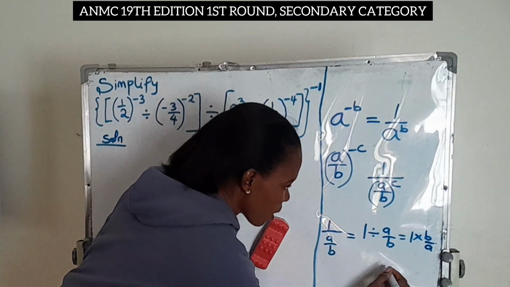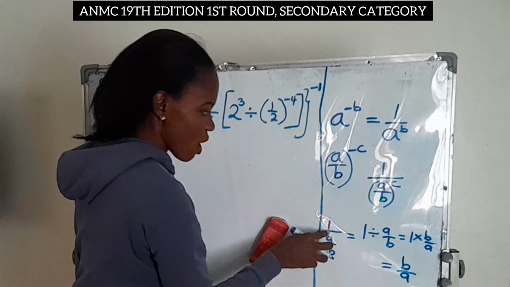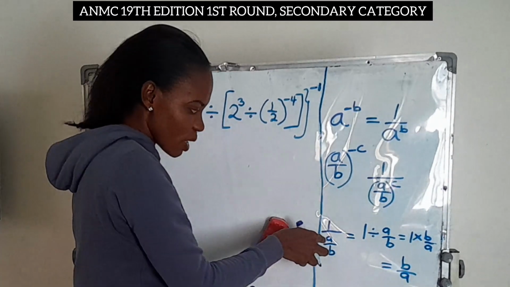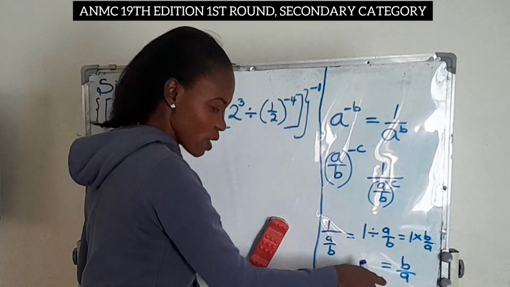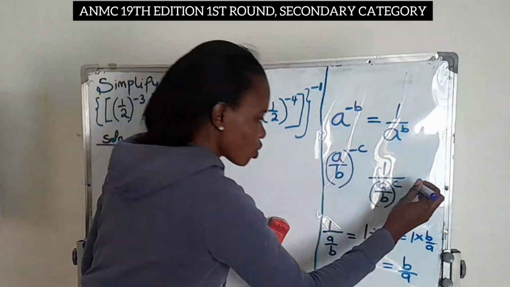So 1 times b is b over a. So we have concluded now that 1 all over a over b is the same thing as b over a.